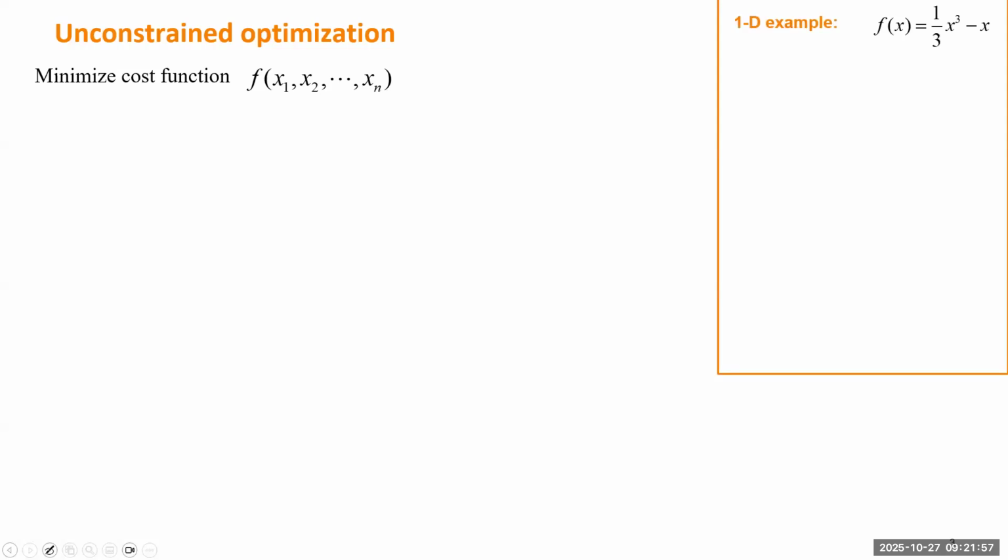Before we talk about how to solve such a problem, we can start from a very simple one-dimensional example. It's just a cubic function. F(s) is equal to a third of s cubed minus s. So if you want to find the minimal value of this function, what is the minimal value of this function, if s can take any number?